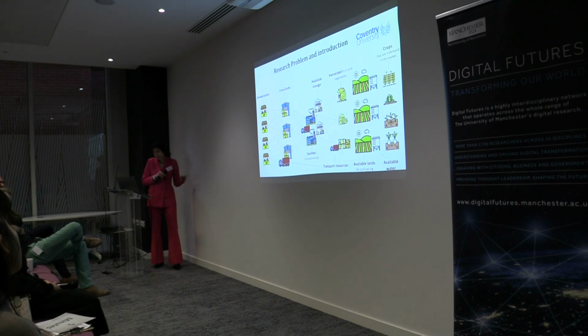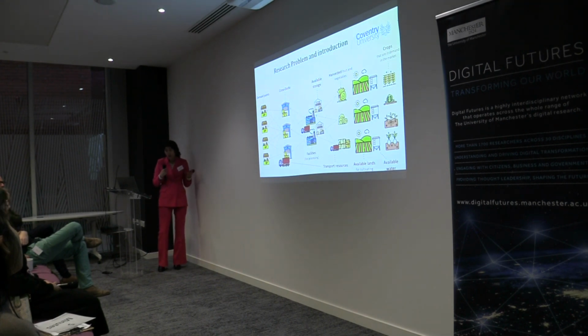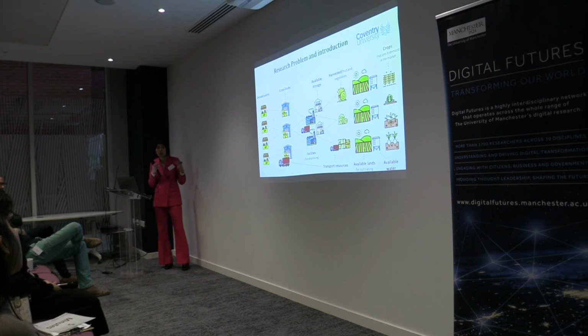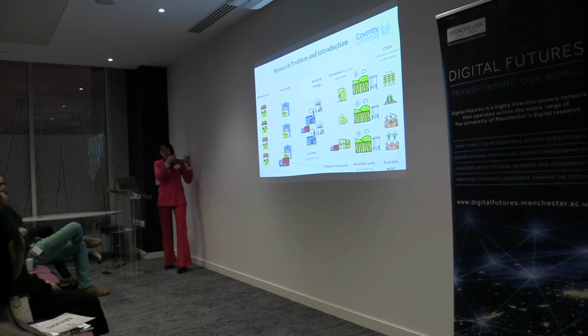This OR model considers the time required for the crop to reach the cultivation phase, which could vary from one crop to the other. So we have different products to combine and ship through this process.